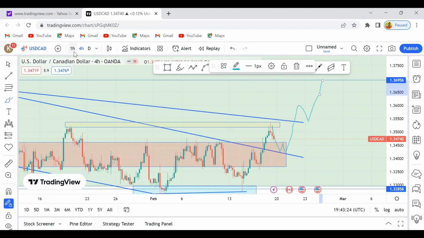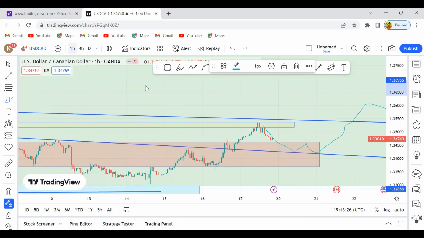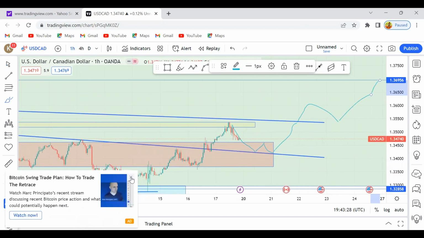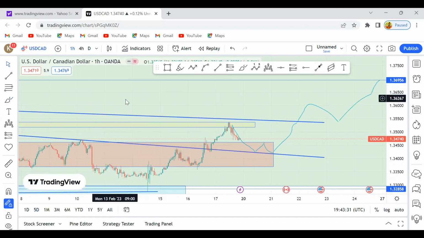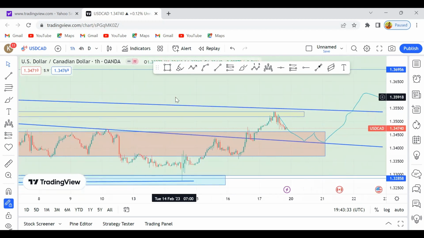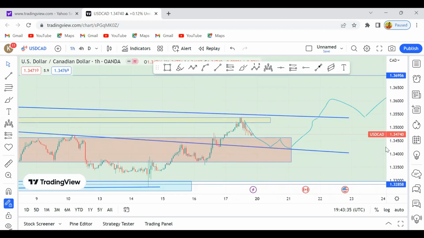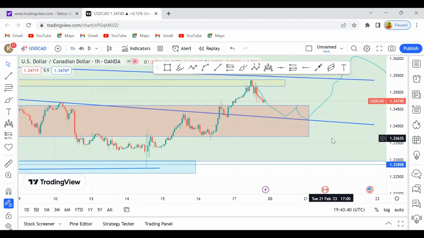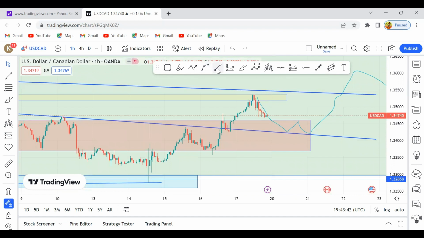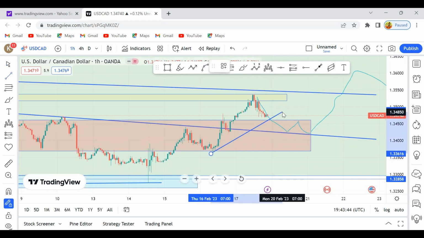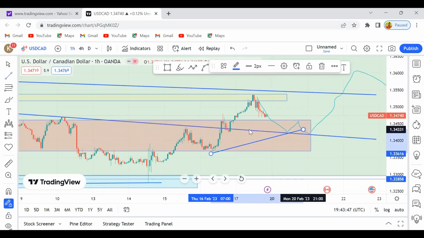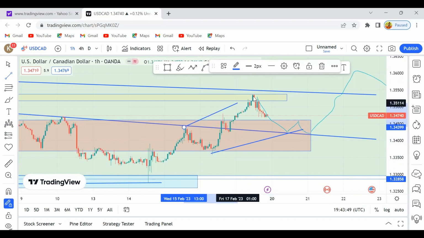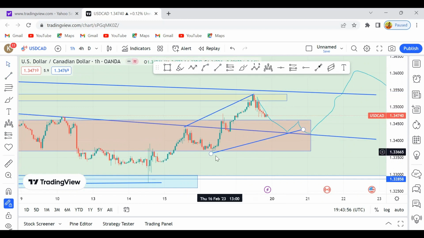Let's go to 1 hour. So on 1 hour, I'm seeing another channel inside this. So let me put it here and take this one here, because we now know that the market will reverse at this point here.